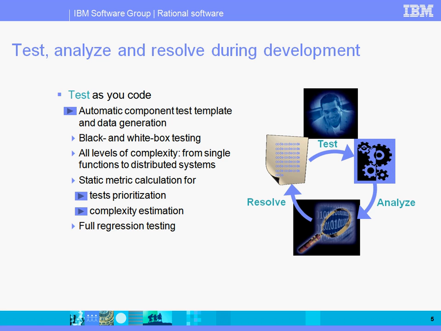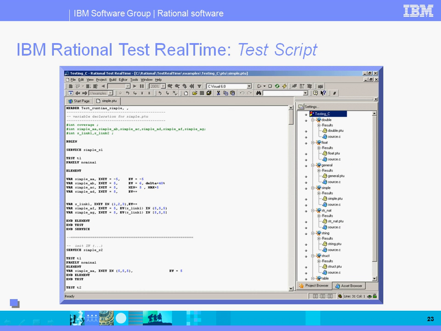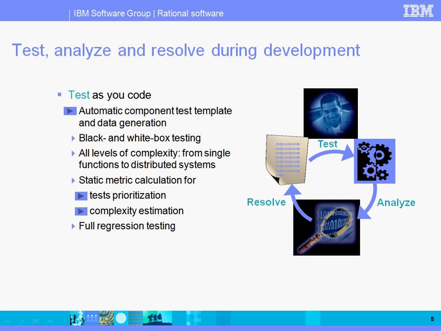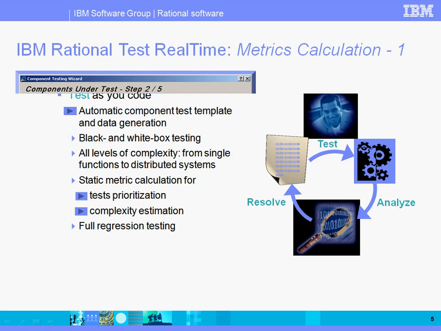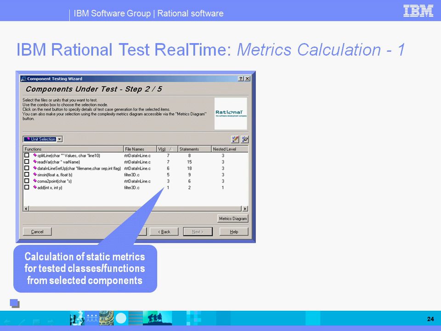If you look at the snapshot of the automatic component test template for writing test cases for component testing, it looks like this. You can see a test case with some variables initialized and with some expected values. Before testing, you can have test priorities based on the metrics provided by the tool.